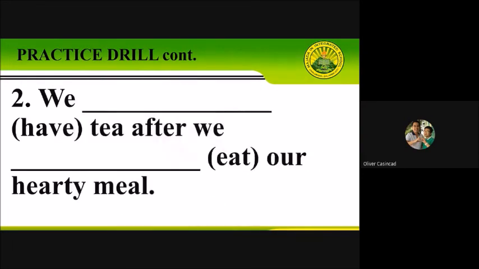Next, number two, you have there two past actions, have and eat. The one in the past perfect is eat, which would be had eaten. Then you have had, which is in the past tense. Always remember that the verb in parentheses is in base form.